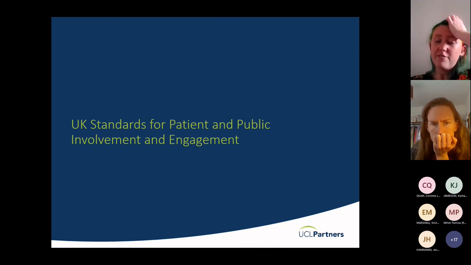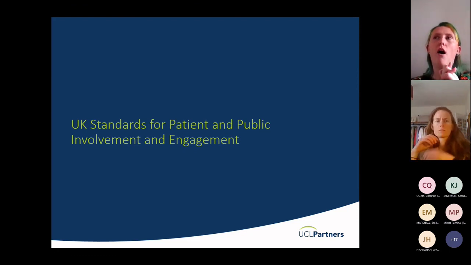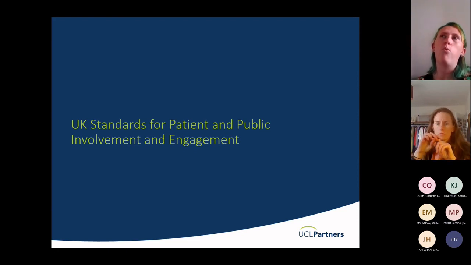Now I've just got a couple of slides left, and this is a real whistle-stop tour, but what I wanted to show you is that there are UK standards for patient and public involvement and engagement, which have been created in collaboration between the research councils, the NHS and others. They are a framework for what they classify as the best approach to patient and public involvement, and the things you should keep in mind when you're designing, developing and delivering things.